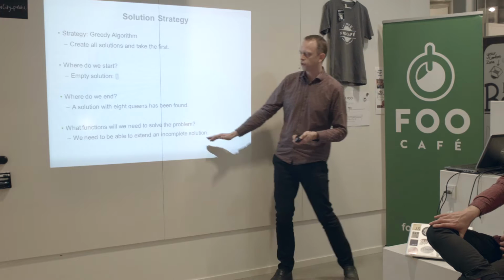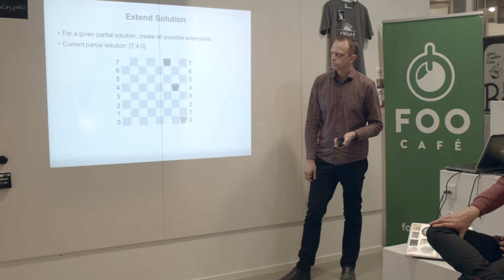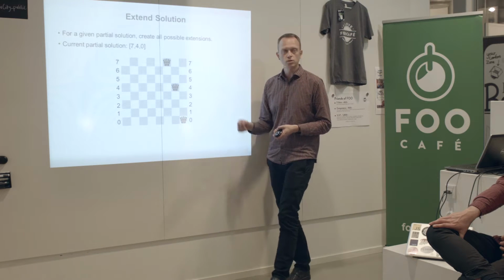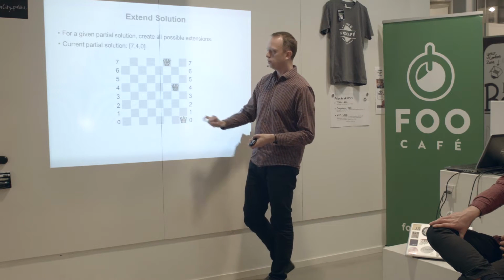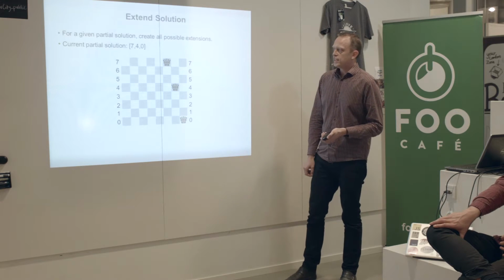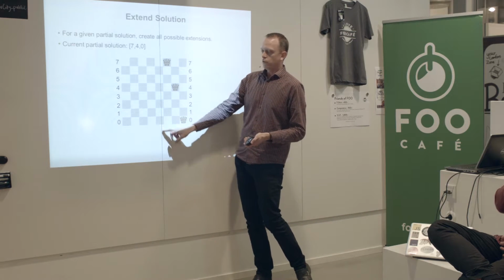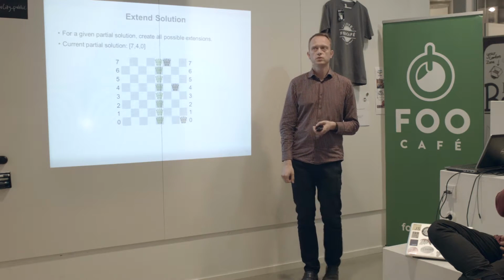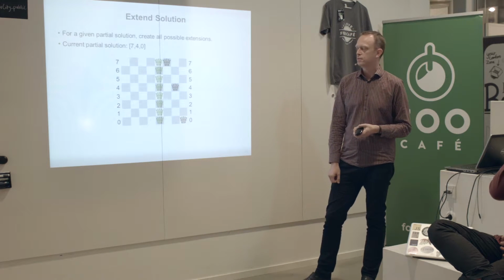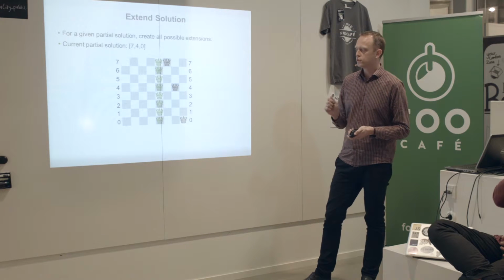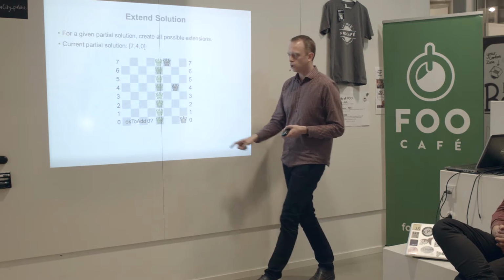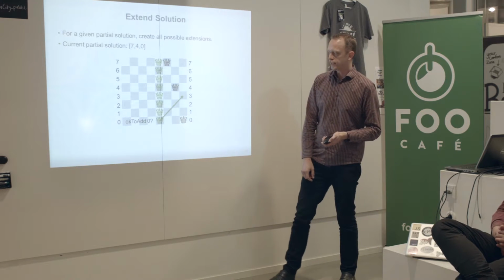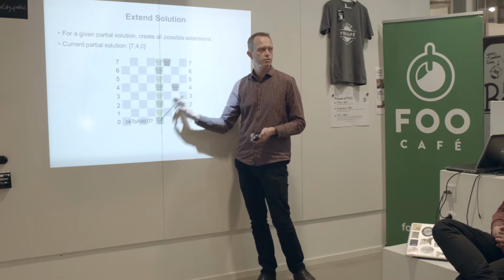So let's look at this function and what that will actually imply. Imagine that we have this partial solution here. There are 3 queens on the board, 7, 4, 0. And we want to see what are the possible solutions where we have placed something here. So we just take all of them. There are 8 different positions to have the queen on this column. And then we start to chew them off. So we check the first one. Is it OK to add this one, row 0? And we can check, yes, it doesn't hit anything here, doesn't threaten anything there.